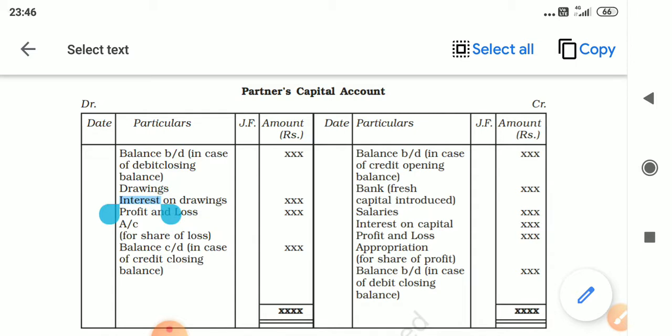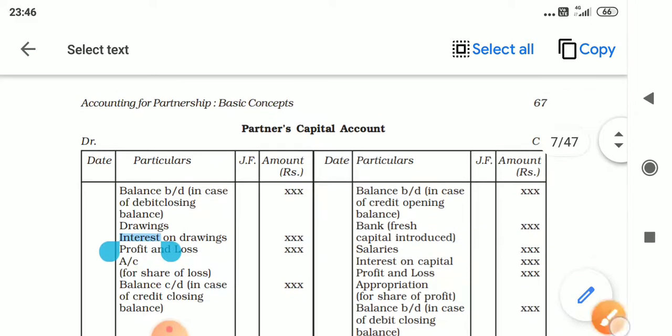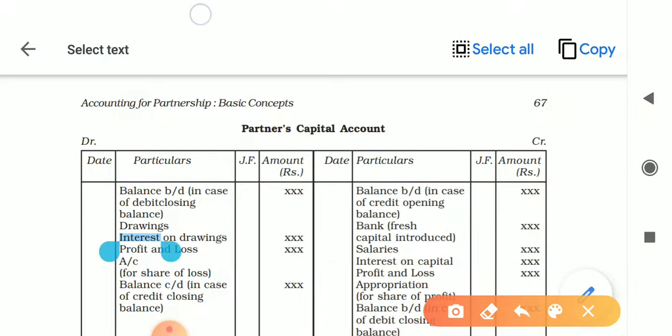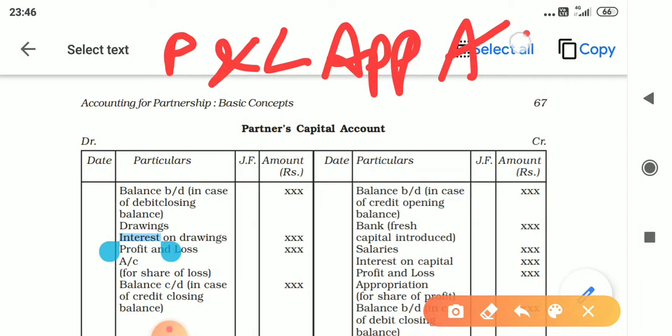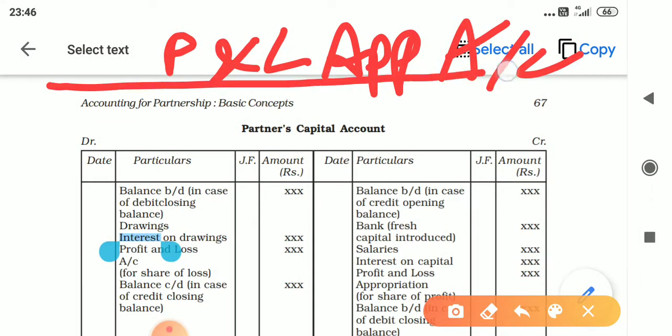Now, how to remember? You all know P&L appropriation account, isn't it? By now, you all should know the format. So, in a profit and loss appropriation account, you have salary, commission, remuneration to the partners, interest on capital to the partner appearing on the debit side.